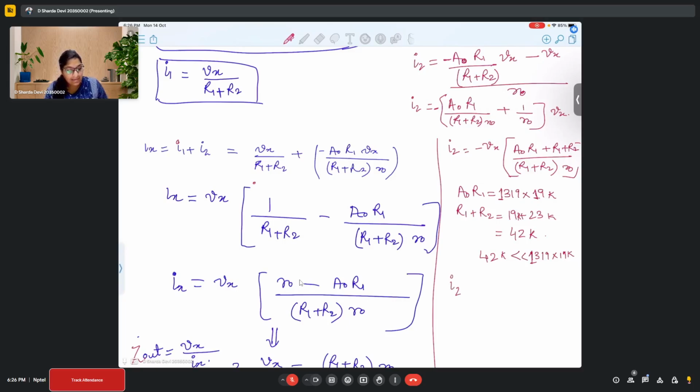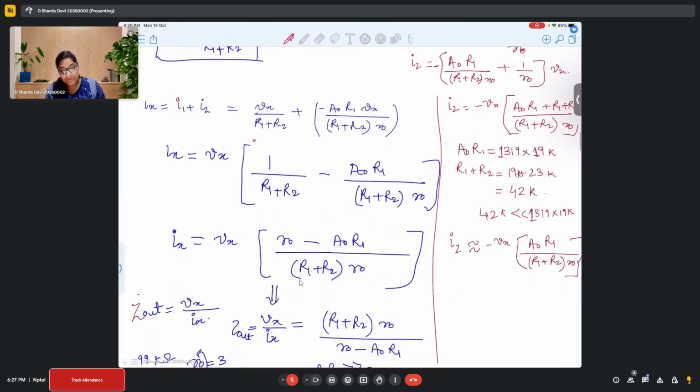So at the end it will be approximately minus Vx A naught R1 upon R1 plus R2 into R naught. You come to the same conclusion.